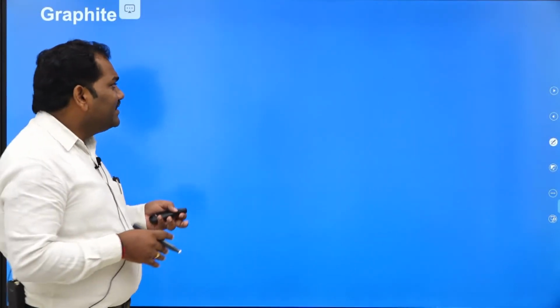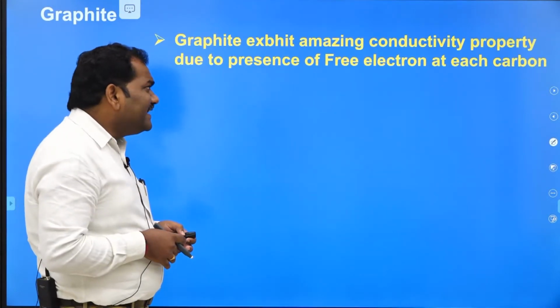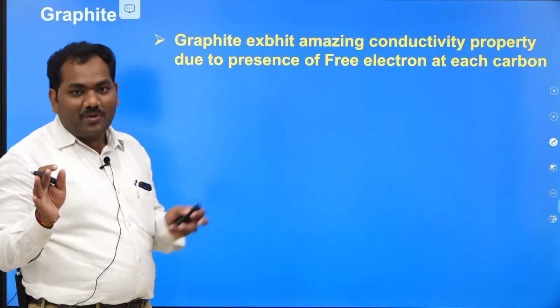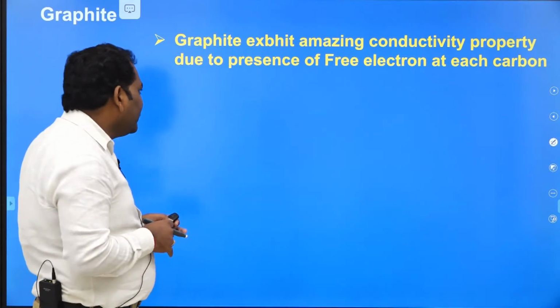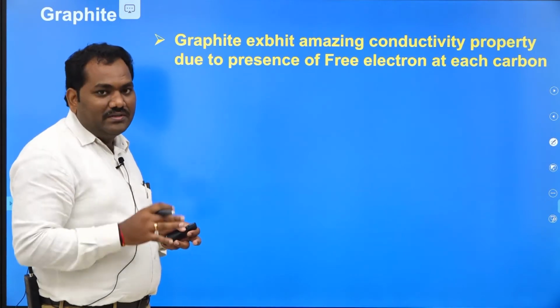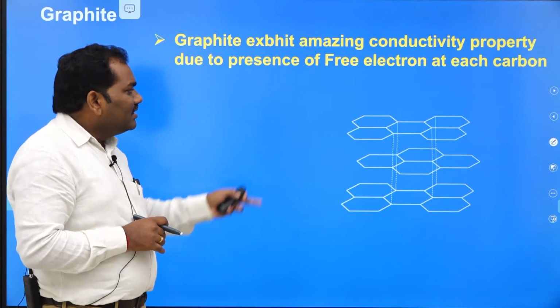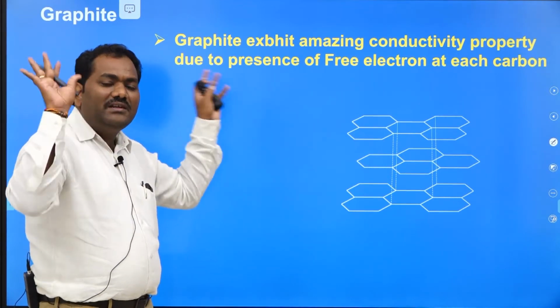Let's discuss how graphite exhibits conductivity. Graphite exhibits amazing conductivity due to the presence of a free electron at each carbon. This is the structure of graphite. Graphite is made up completely of carbon atoms.